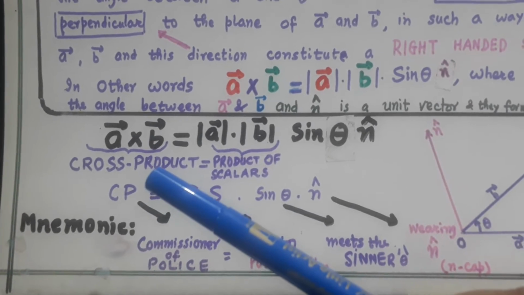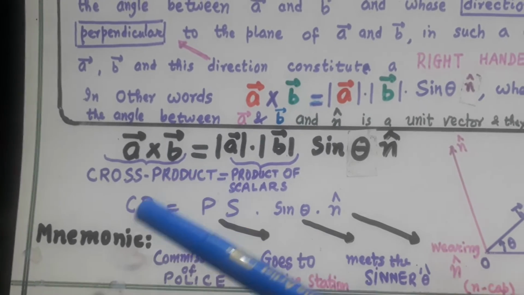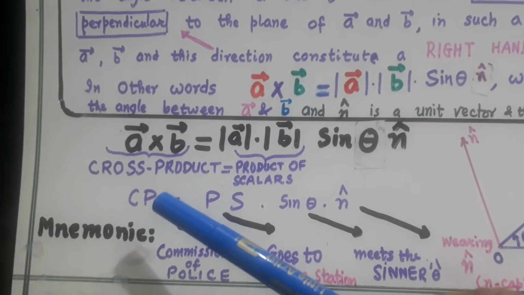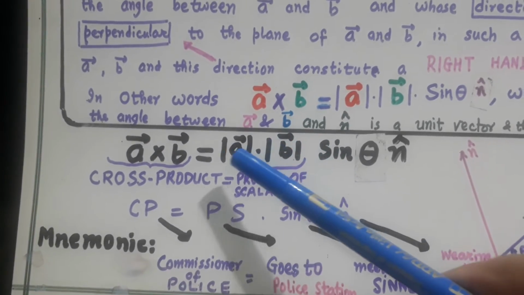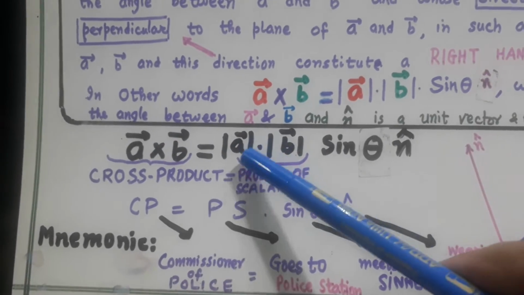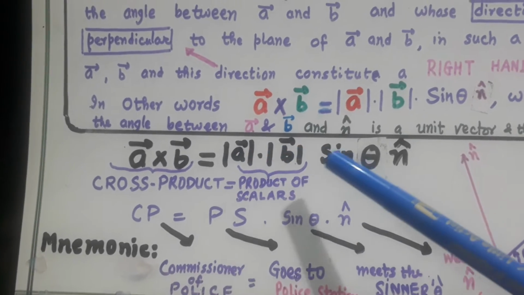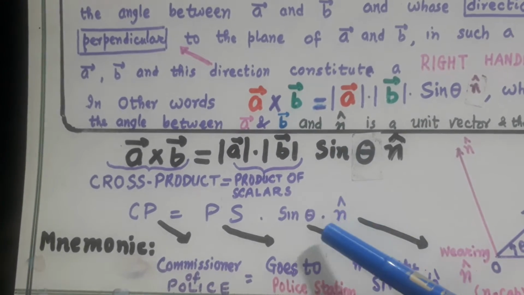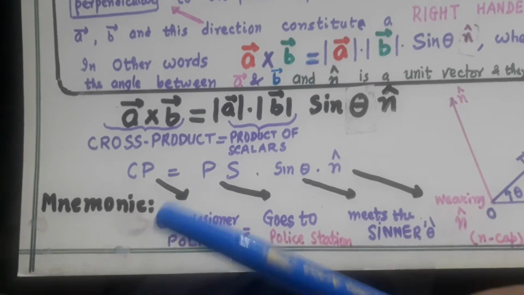Now, I have a mnemonic for this. Cross product, CP. These are the magnitudes of A and B, they are scalars. This is the product of the scalars. Sine theta, n cap.